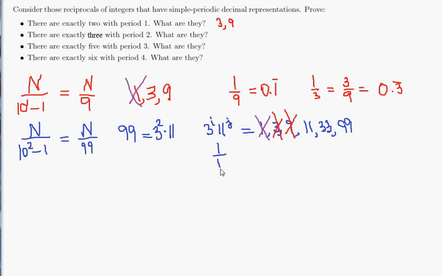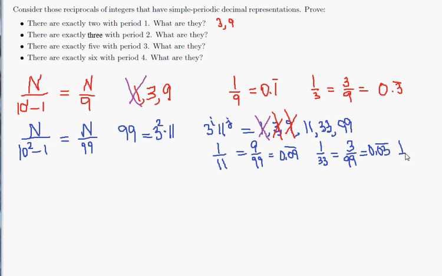1 over 11 is 9 over 99, which is 0.09 bar. 1 over 33 is the same thing as 3 over 99, and that is equal to 0.03 bar.